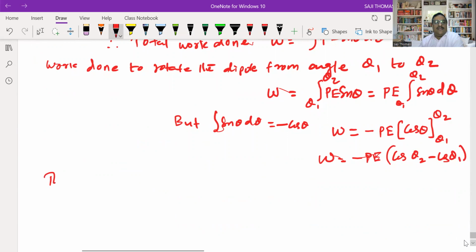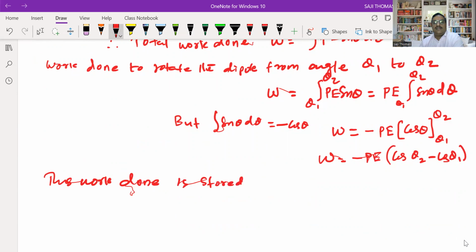This work done is stored in the dipole as its potential energy. So what is the equation for potential energy?